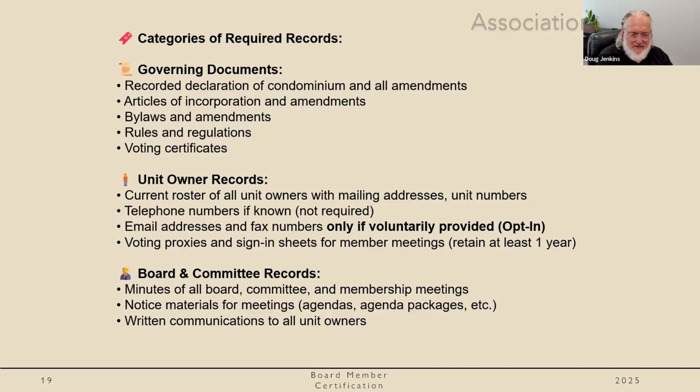Board and committee records, the minutes of all the board meetings, committee, and membership meetings. Notice materials for meetings, that's the agendas, the agenda packages, all of those things, and the written communication to all unit owners.